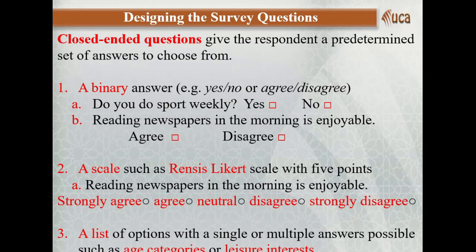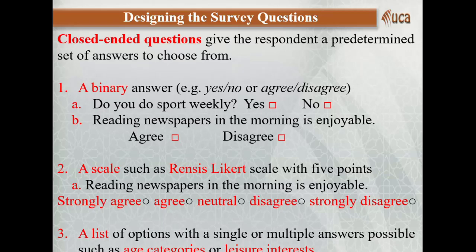Okay, now very important are the types of the questions. There are two types mainly: closed-ended questions, which give the respondent a predetermined set of answers to choose from. There may be two answers, a binary answer.